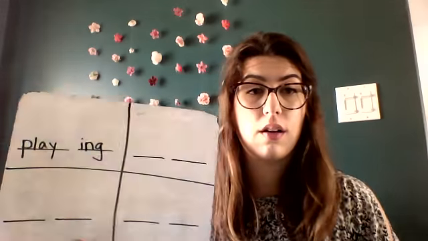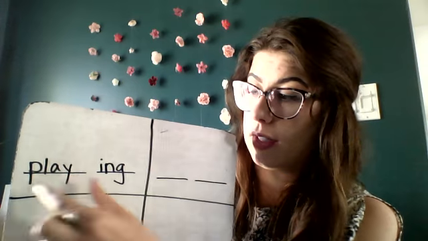Okay, so you need your whiteboard, and your first word is playing, so I want you to clap it first. Playing. I want to hear you clapping. Now you need to spell it on your whiteboard. Here we go.